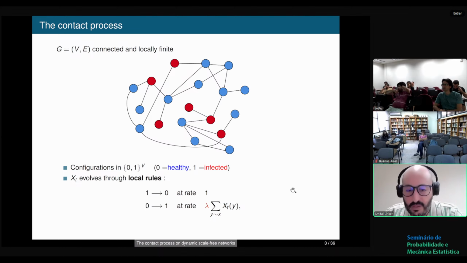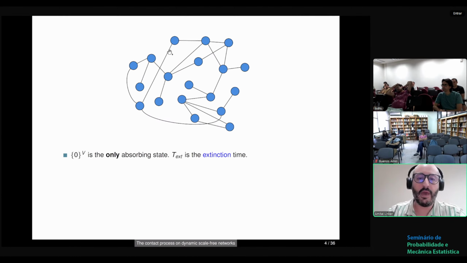It's important that this parameter lambda determines how strong the infection is. We call it the infection rate, and it measures how strongly the infection propagates. Now, the configuration in which everyone is healthy is absorbing, because everyone is becoming infected at rate 0 times lambda, so you cannot exit this configuration.